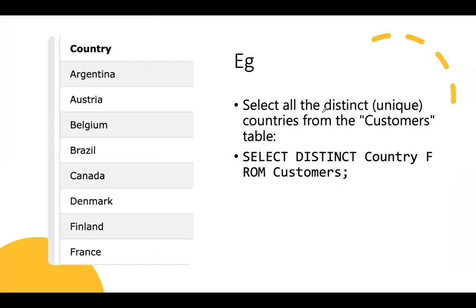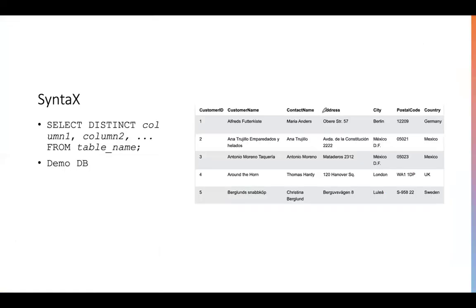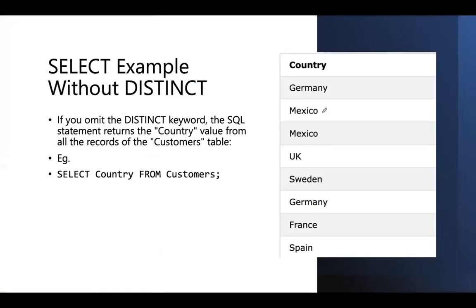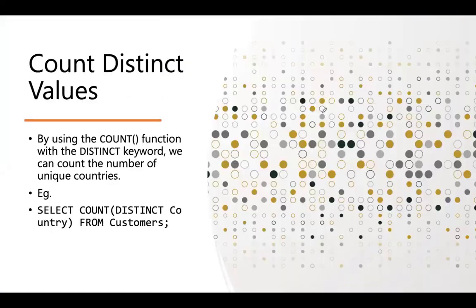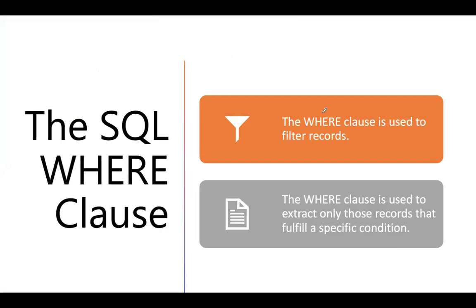Then we have the distinct. The same way the other one works is the same way these ones also work. So this is a select example without distinct. Now we have what we call the where clause. The where clause is used to filter records.